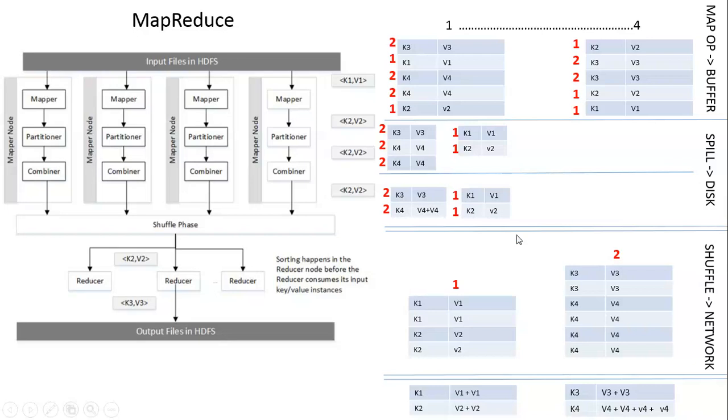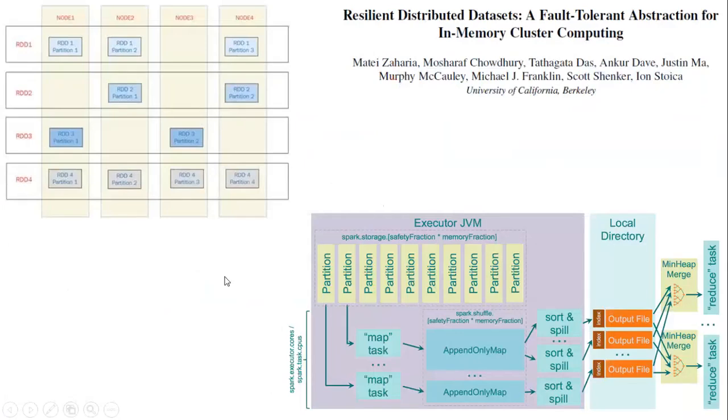So you can clearly see where the problems are. All the time taken to write stuff into the disk and then ship these files across the network are the time-consuming operations.